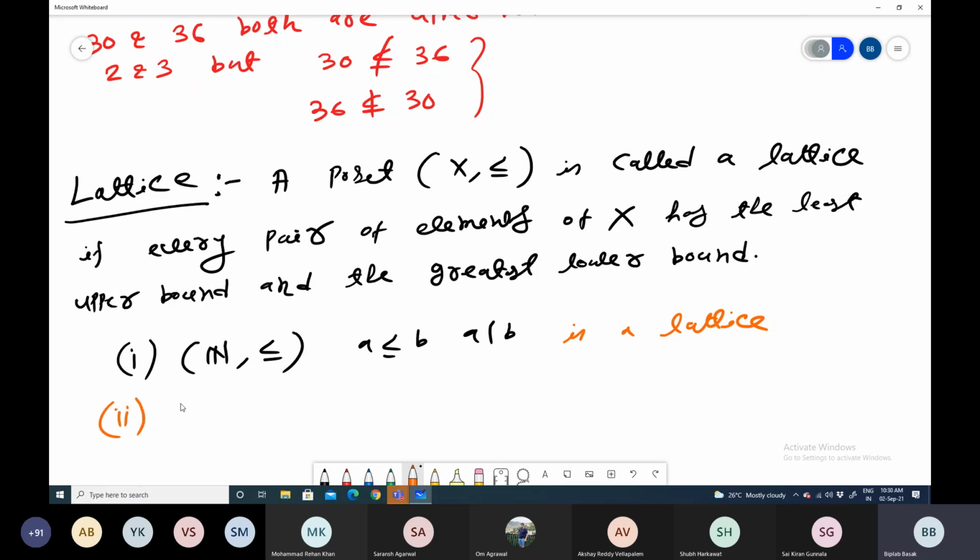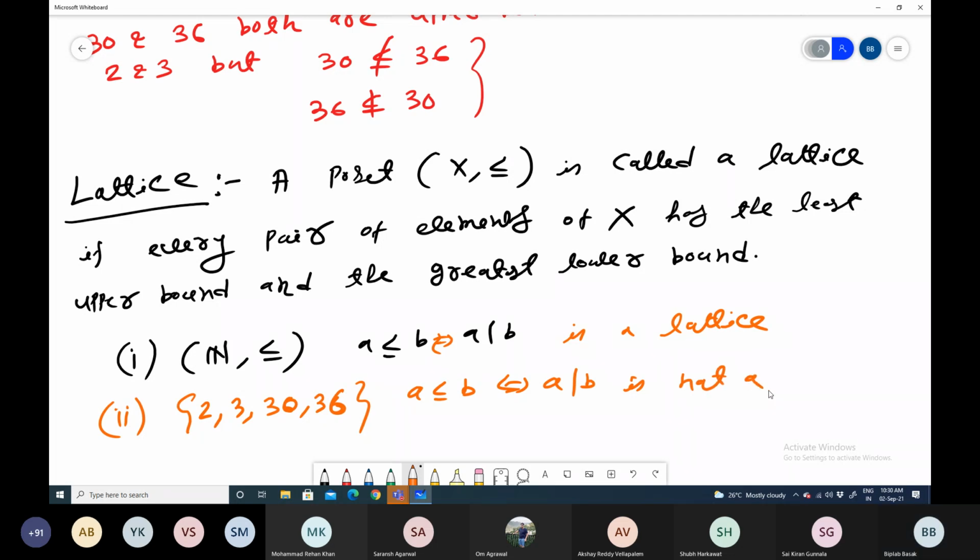And what about that set, if you take 2, 3, 30, 36, and with the same one, so A less than or equal to B means A divides B, then this is not a lattice. We have seen that if you take the pair 2, 3, it does not have any least upper bound and it does not have any greatest lower bound as well.